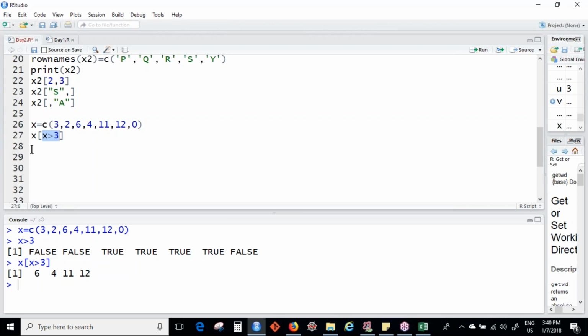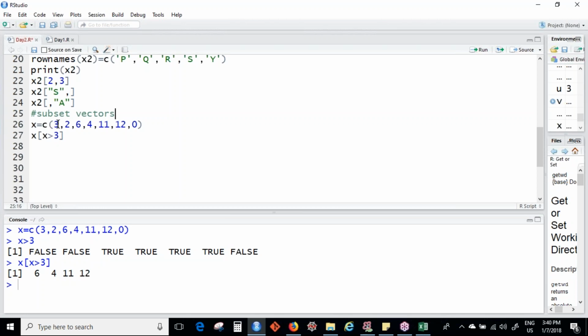And whenever x is false, it will give nothing. So it will only give for which you have true inside. So these 4 are true, so only those 4 will get printed. The corresponding index is true. So only those indexes which are true will get printed. The remaining will not get printed. So this way you can do a subset of vectors.